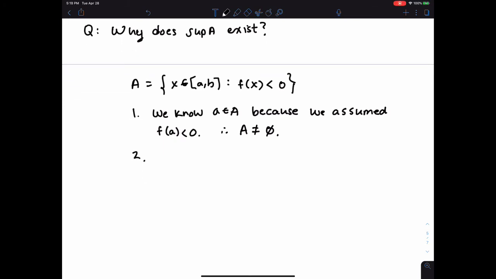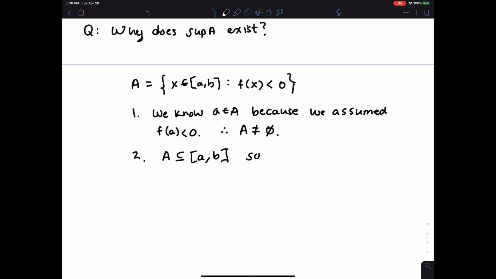The other thing is I need to figure out a number that bounds my set above. But notice the set A, by construction, is just a subset of x values in this closed and bounded interval [a, b]. So because A is a subset of a bounded interval, it has to be bounded.